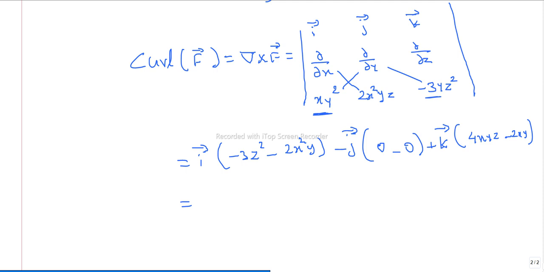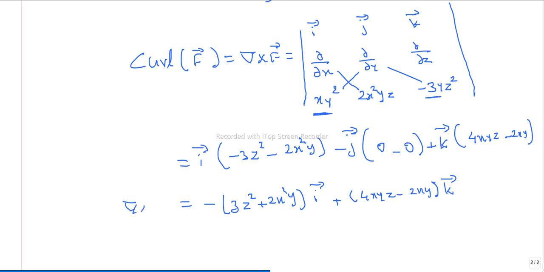So there is no j term. If you want, you can take the minus outside: minus (3z square plus 2x square y) times i vector, plus (4xyz minus 2xy) times k vector. So this is the curl.